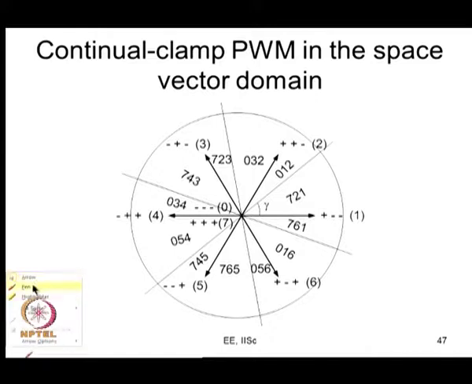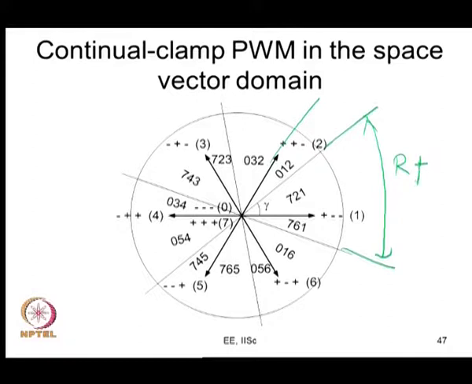Now if you look at the continual clamp in the space vector domain, what do you have? This is continuous PWM. Here there is this region over which R phase is clamped to the positive bus, and again this is the region over which R phase is clamped to the negative bus.